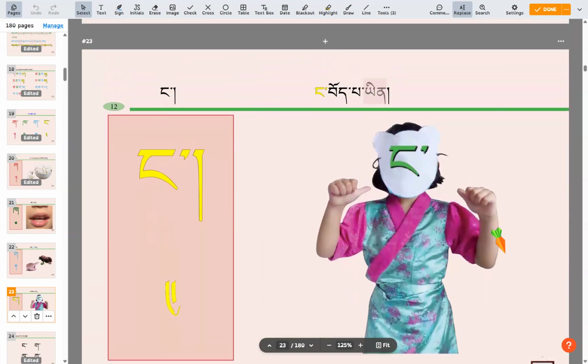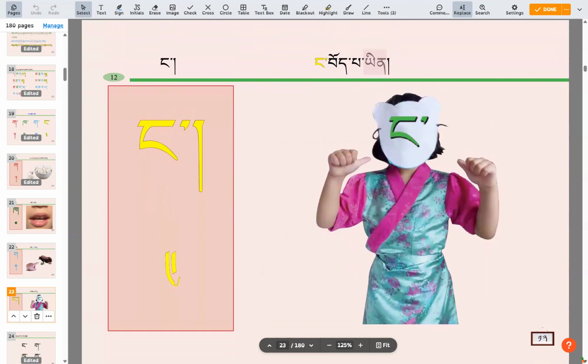I'm going to keep going until we finish the first row and then I'll stop. So this is nga. Nga is the fourth letter in the first row.